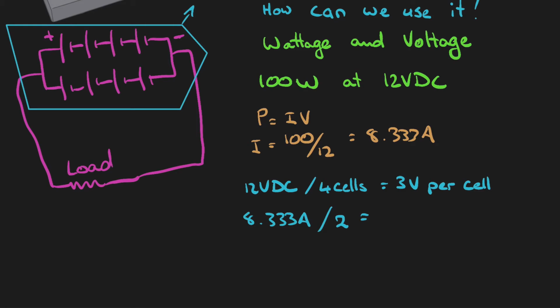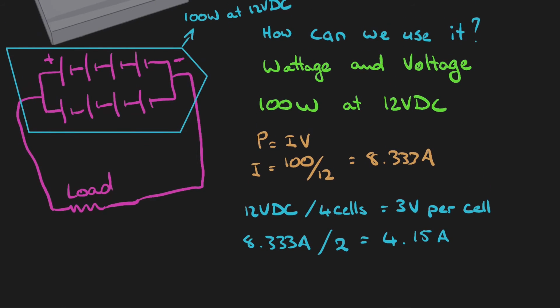We would then get 4.15, for argument's sake. Okay, 4.15 amps. But that means that you have 4.15 amps flowing from here to here. Okay? So keep that in mind.